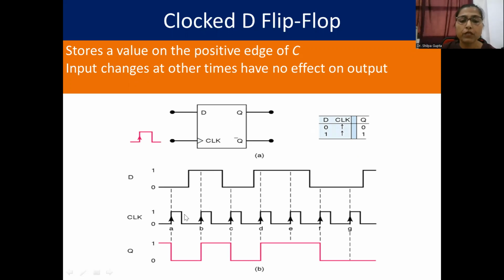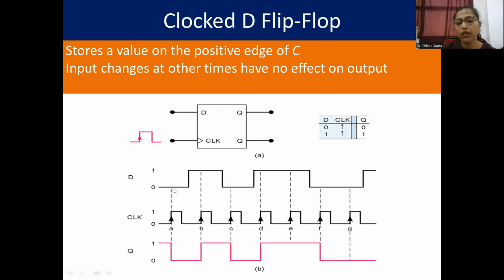This particular flip-flop is an edge-triggered flip-flop, and that too positive edge triggered. The clock we are giving to this flip-flop is positive edge triggered, so whenever there is a positive edge, it will be triggered and will produce the output accordingly.